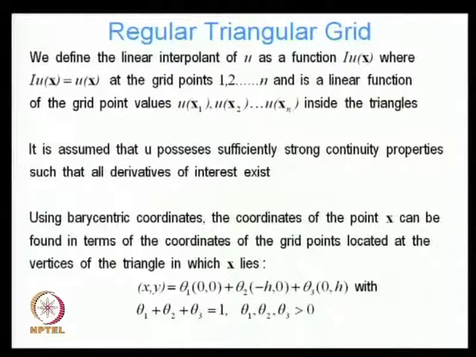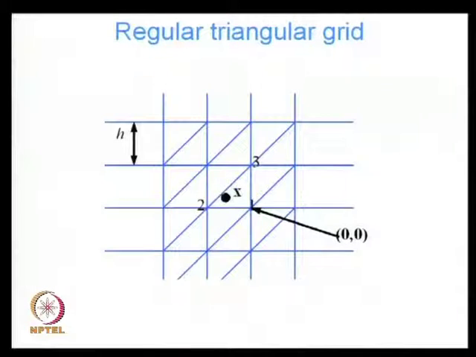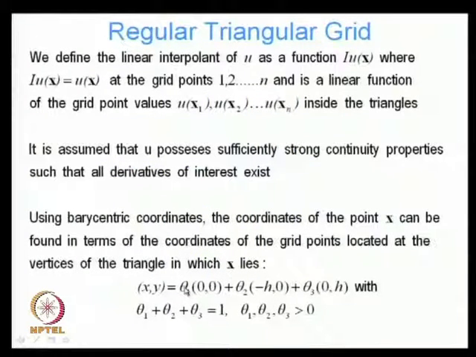So, using barycentric coordinates, basically triangular coordinates, the coordinates of the point x can be found in terms of the coordinates of the grid points located at the vertices of the triangle in which x lies. I can find the coordinates of this point x in terms of the coordinates of points 1, 2 and 3 by interpolating, and the interpolation weights I am going to use are called theta 1, theta 2 and theta 3.